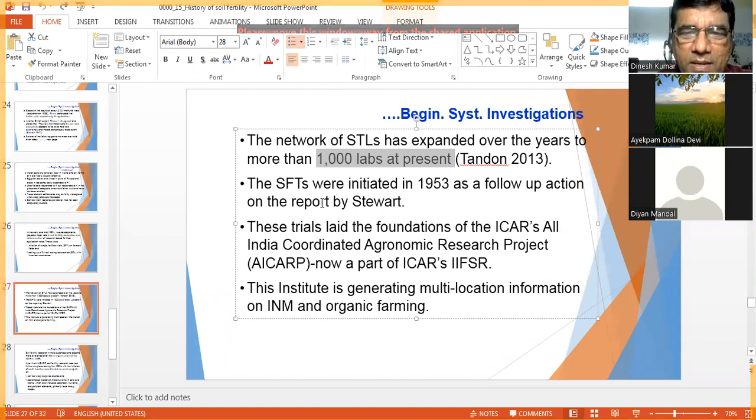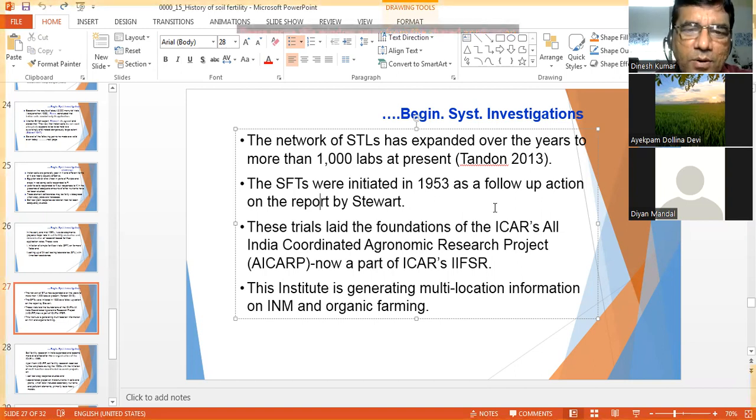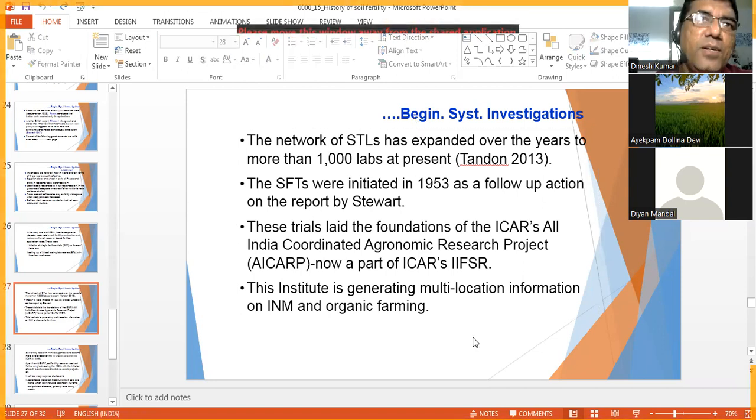The soil fertility trials, SFTs, were initiated in 1953 as a follow-up action on the report by Stewart. Stewart gave his report that your soils may be getting deficient even in micronutrients, trace nutrients, and you need to apply phosphorus.